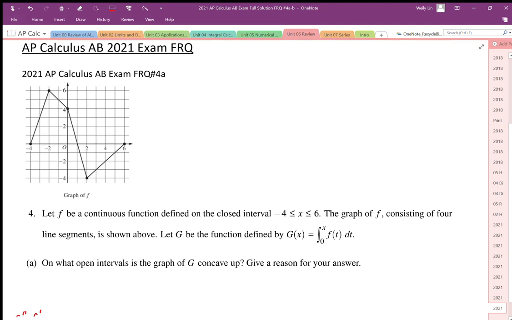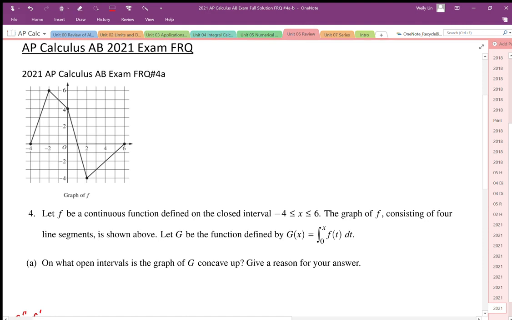Number 4a from the free response section of 2021 says, let f be a continuous function defined on the closed interval, with the graph of f up here. It is a function that is the derivative of g. Let g be the function defined by g of x equals the area under the curve from 0 to x of f of t.